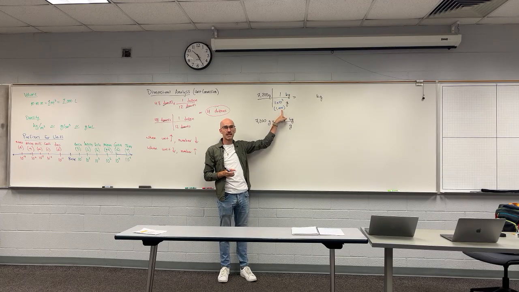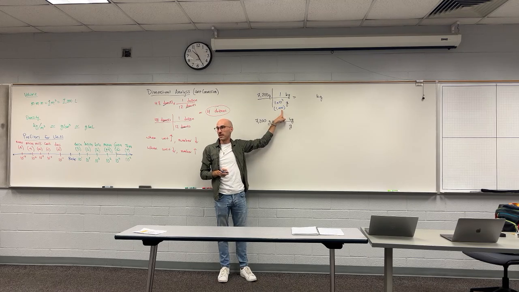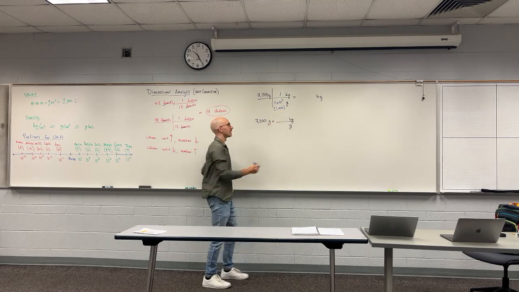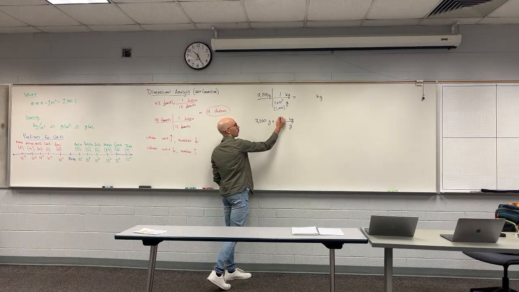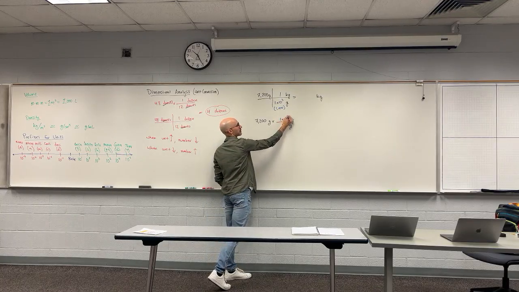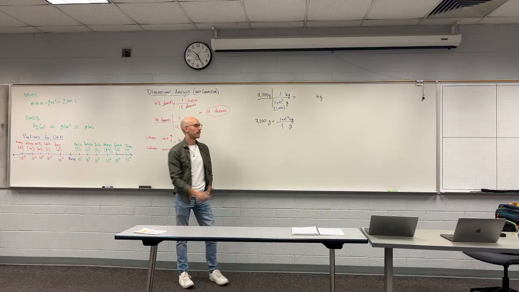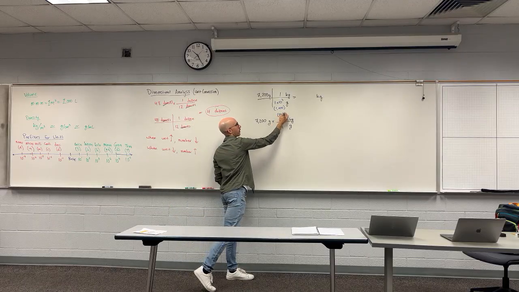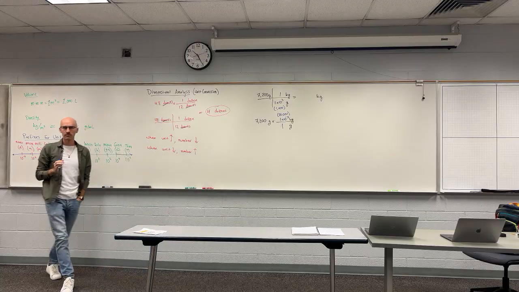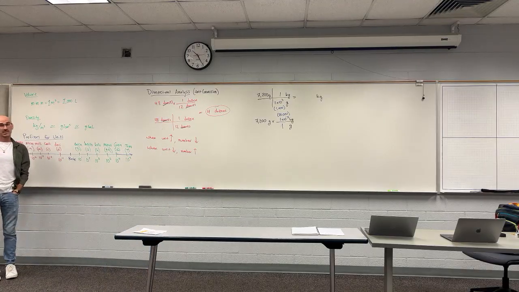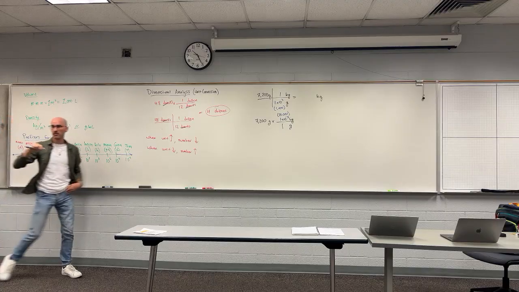Meaning that they represent the exact same thing. The other relationship that they have is that 1 gram is 1/1000th of a kilogram, 0.001 kilogram. Does that make sense? That they have two relationships.